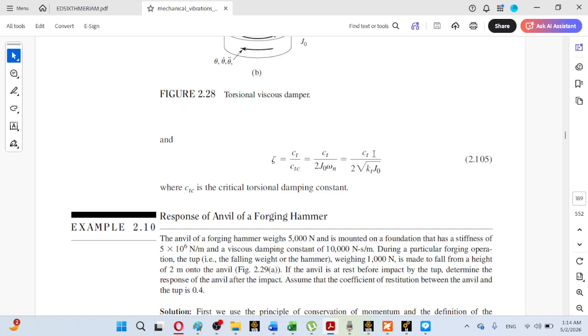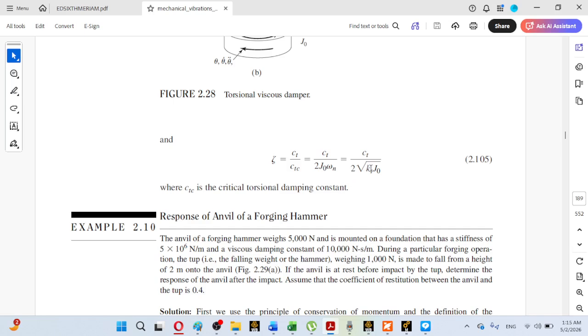For degrees, you multiply the value of the torsional damping constant in radians by pi by 180, because it is per radian, so you multiply by pi radians by 180 degrees. Radian with radian cancels out, and you obtain the torsional damping constant per degree. That is very, very important in this respect.